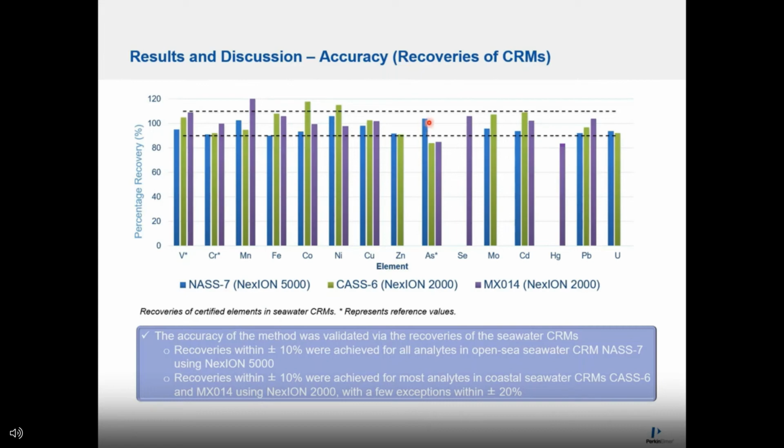The recoveries were within 10% for the analytes certified in open seawater CRM NASS-7 using the NexION 5000, and recoveries within 10% were also achieved for most analytes in the coastal seawater CRMs, the CASS-6 and the MX014, using the NexION 2000 ICP-MS, with the arsenic and mercury falling slightly beyond the 10%, but still within 20% accuracy.